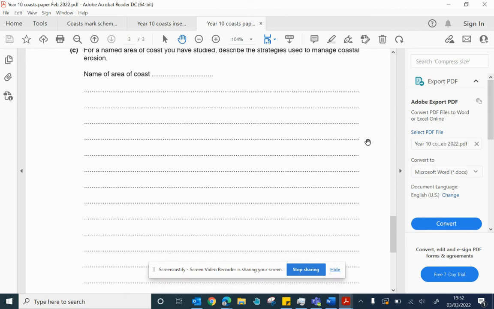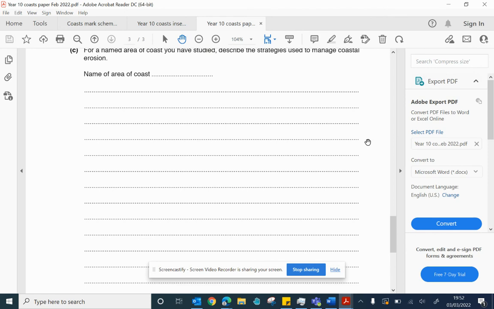The rest of the marks are basically by referring to 4 or 5 locations along that coastline and writing about what coastal management strategies have been used. Now, some of you wrote a lot about Flamborough Head because it's a chalk headland, more resistant. No key hard or soft engineering has been used. That's fine to put in there, but then just refer to 4 or 5 places.